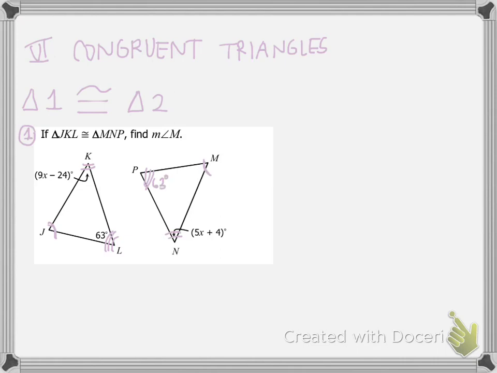All the angles in a triangle add together to be 180, so I need to figure out what N is going to be equal to.